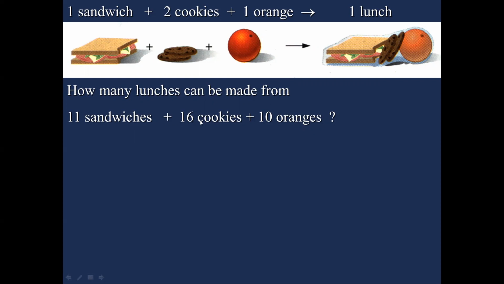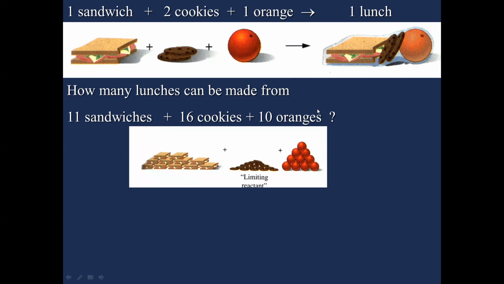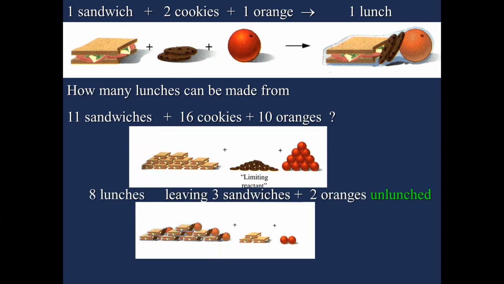I have 16 cookies. That means I can prepare 8 lunches. But after 8 lunches, I cannot prepare more because the cookies are gone, even though you have more sandwiches and oranges left over. So this tells us the cookies here are limiting.